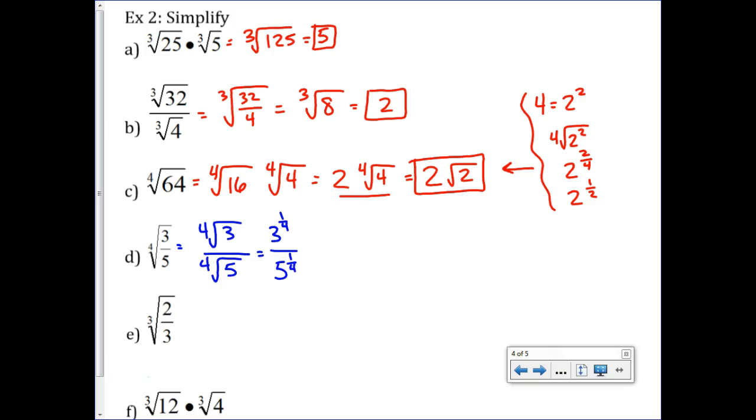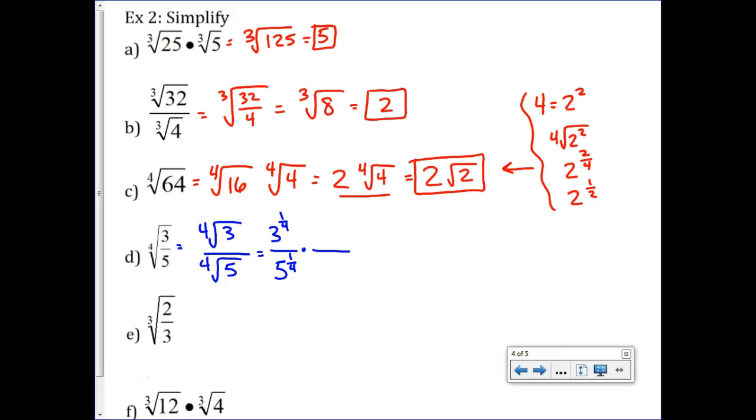Well, we talked about with square roots, we would need to multiply the top and the bottom by the same thing to get rid of that denominator.